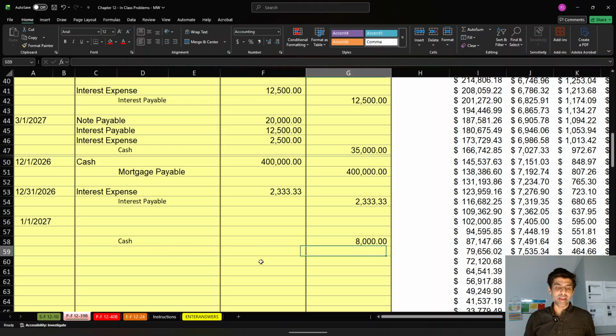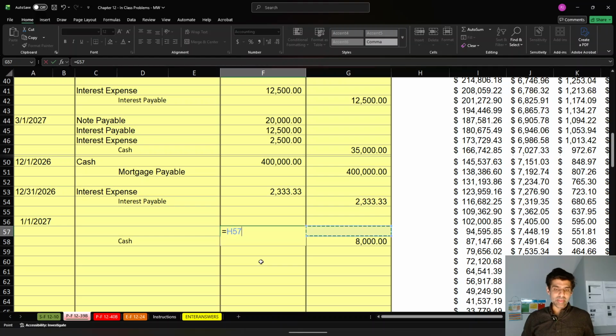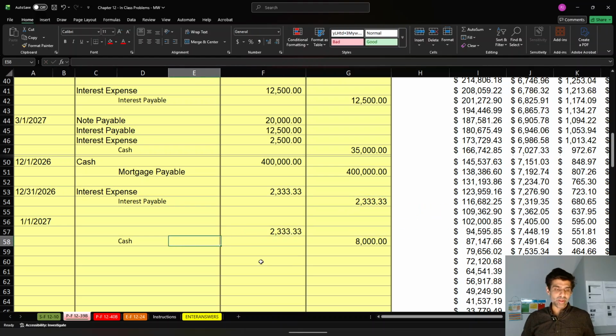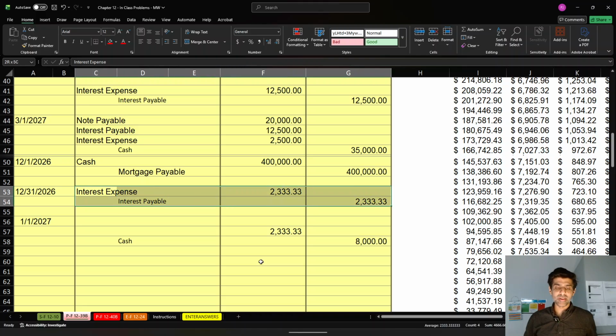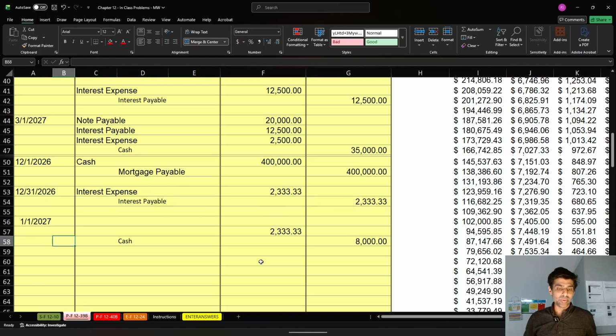That's how much the bank is going to get. And again, it's split between principal and interest. So the interest portion is going to be basically this 2,333. Now, what account should I do it? I'm not going to do interest expense. I already took the interest expense here. Interest payable. Mortgage payable.